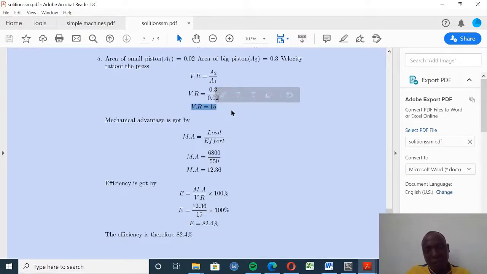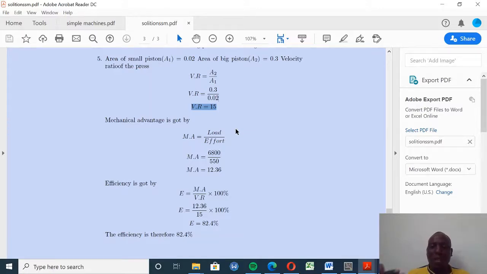We first get the velocity ratio because we have the respective areas. Then we get the mechanical advantage, which is given by load divided by effort. Now what is the load? The load is the weight that is going to be carried on the load piston. In this case, it's the car.